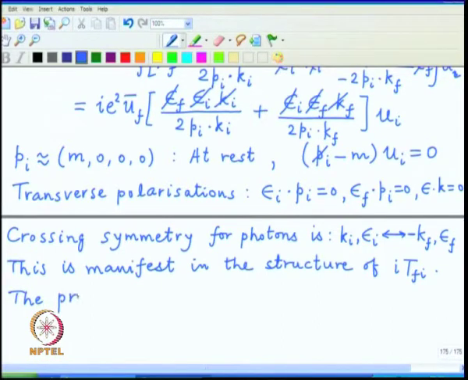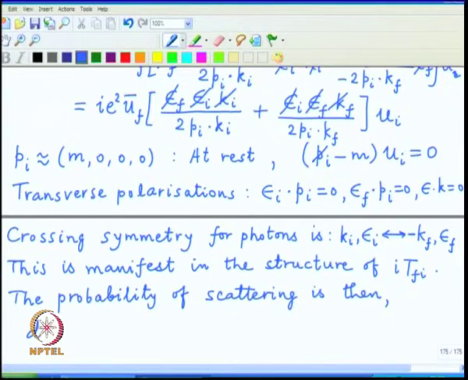probability of this particular scattering is obtained by taking the absolute square of this T f I object and including all the normalization factors coming from the volume parts, and that object is, first there is this factor from the momentum conservation, which I include only once.